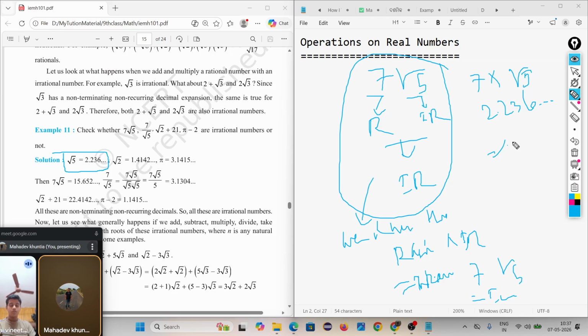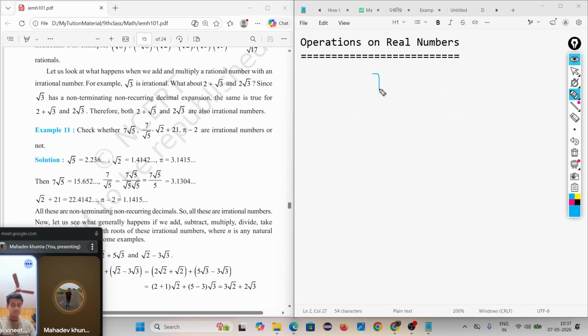Okay? Okay, sir. Same thing, 7 upon root 5. Look, 7 is a rational number. Yes, sir. Root 5 is irrational, so your answer will be irrational. Your book is doing it like this: 7 upon root 5. Remember, you never keep an irrational number in your denominator.